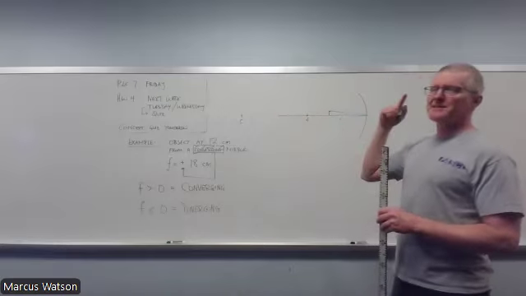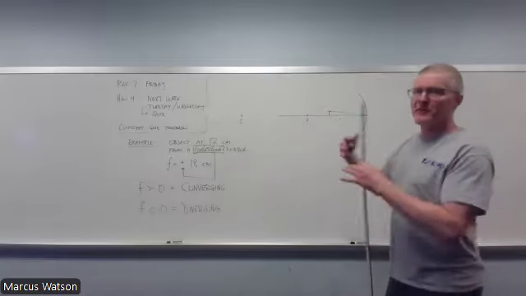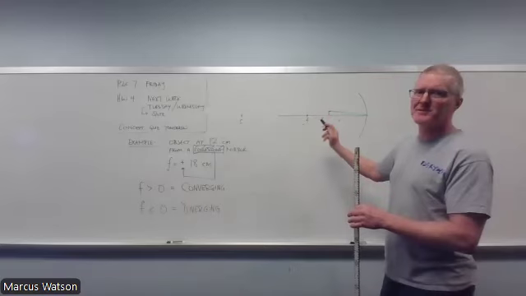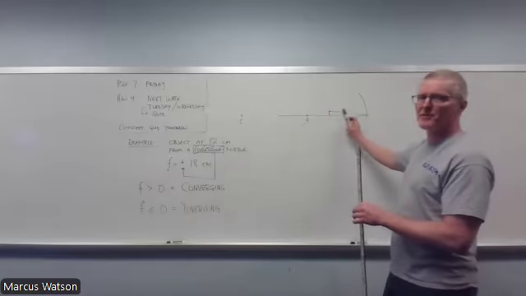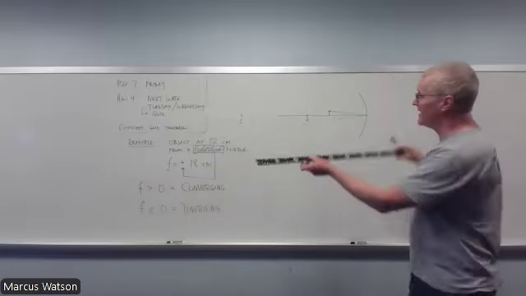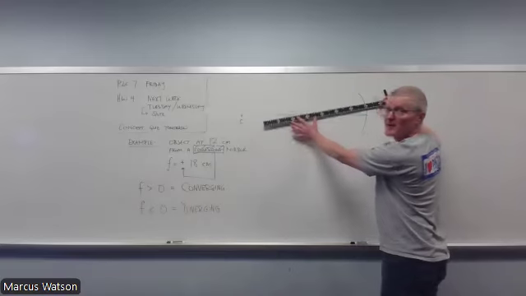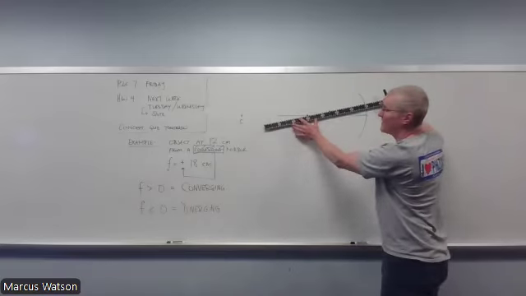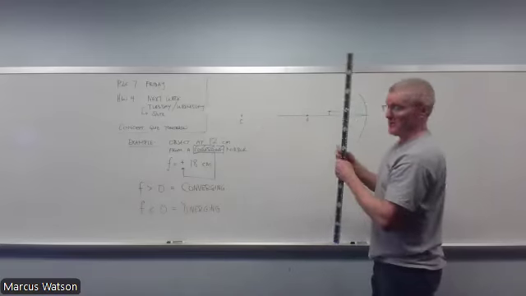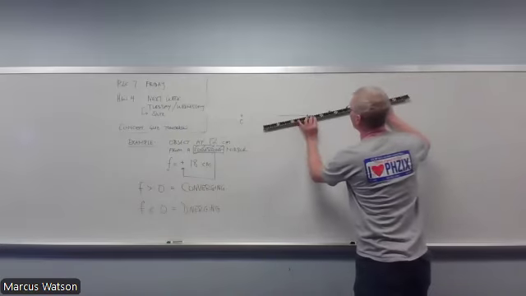So remember, instead of going through the focal point, you involve the focal point on the incoming ray, which means it looks like it's coming from the focal point. It's on the same angle as the line from the focal point to the top of the object. So there is a ray of light which is doing this, and I just happen to want to pick that one. It's on the same line as if it came from the focal point itself.